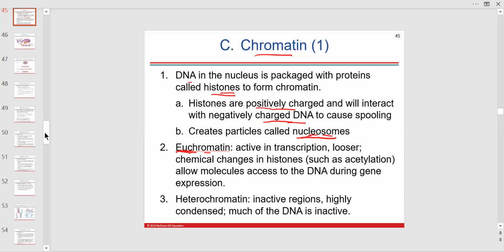And it's looser, and chemical changes and acetylation allow it to be expressed normally. Like, again, hardwired genes like, you know, your earlobes attached, or a widow's peak, or brown eyes. All those things are pretty hardwired as far as genetics go.